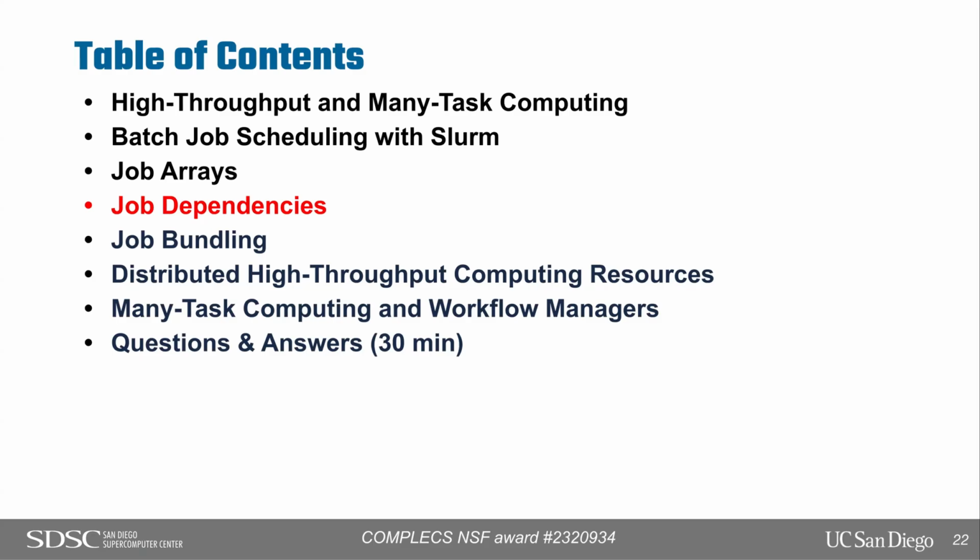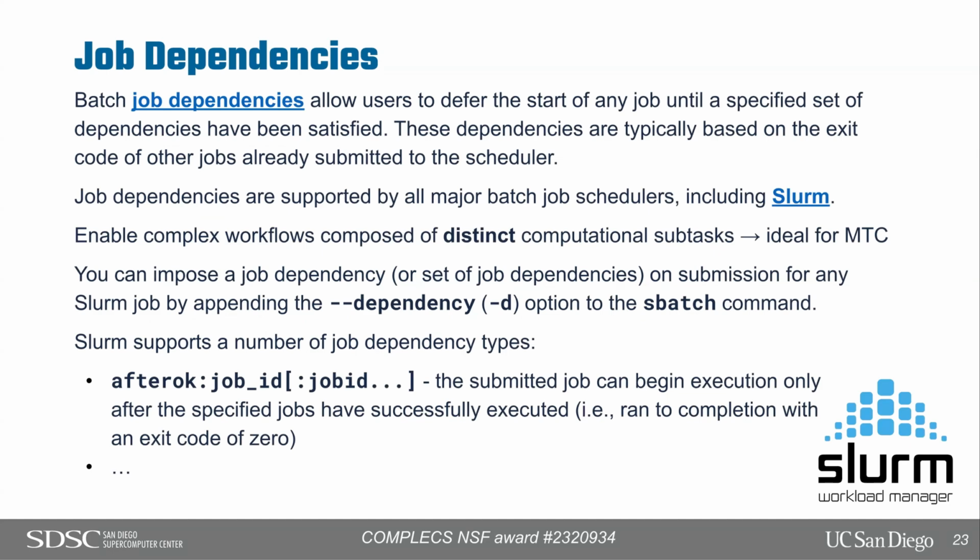There are ways to link those two within the scheduler, so you can submit all the jobs, whether arrays or not, and link them together through dependencies to create a unified workflow, all in one submission, essentially. That's all job dependencies are: you can explicitly tie different jobs together.